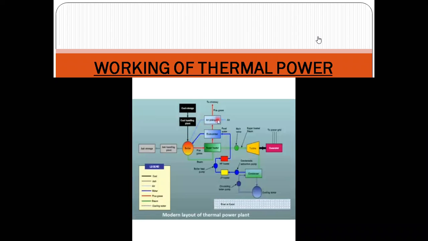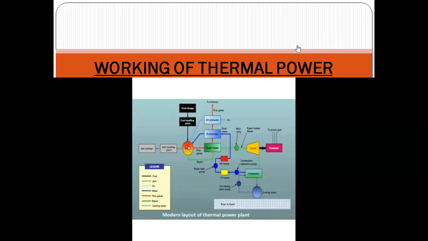So inside the air preheater, we increase the temperature of the atmospheric air, which takes part in the combustion process, with the help of the flue gases which are already used in the economizer. Thereafter the flue gases come to the chimney and go to the atmosphere. So this is all about the flue gases and air circuit.